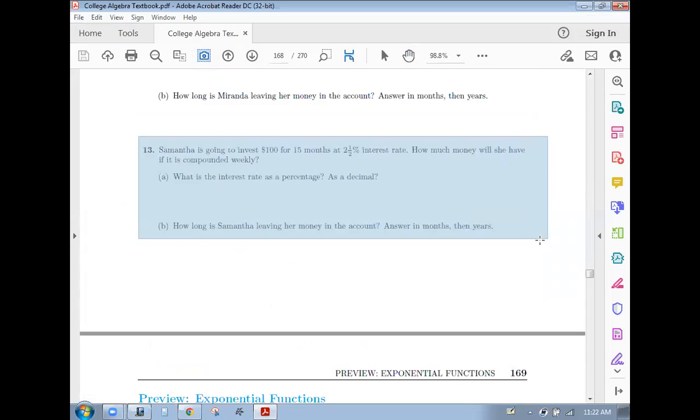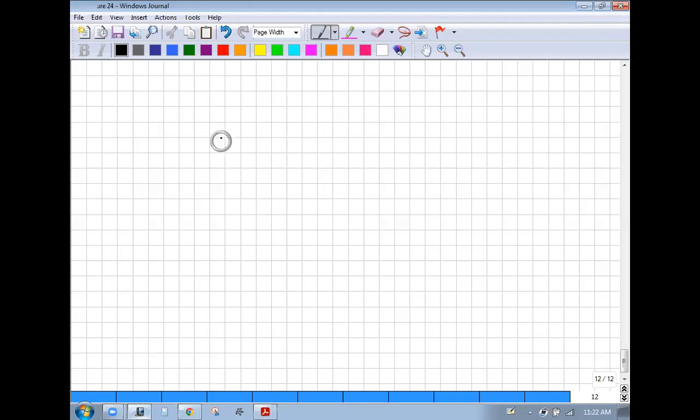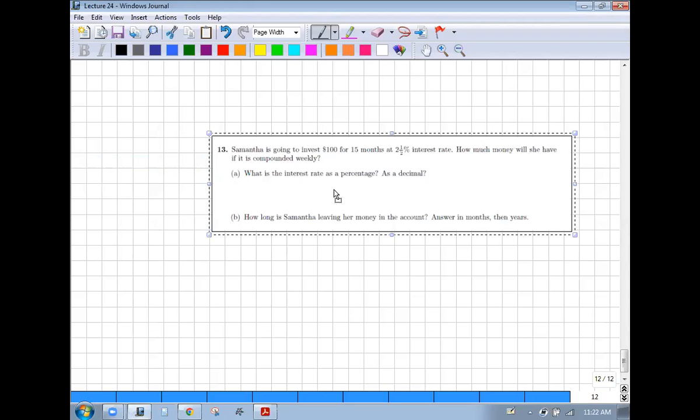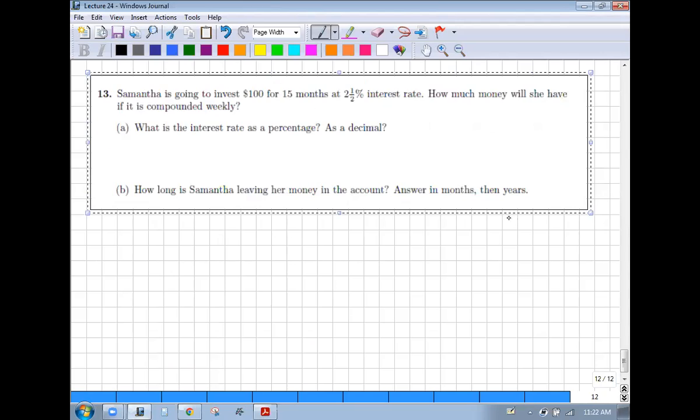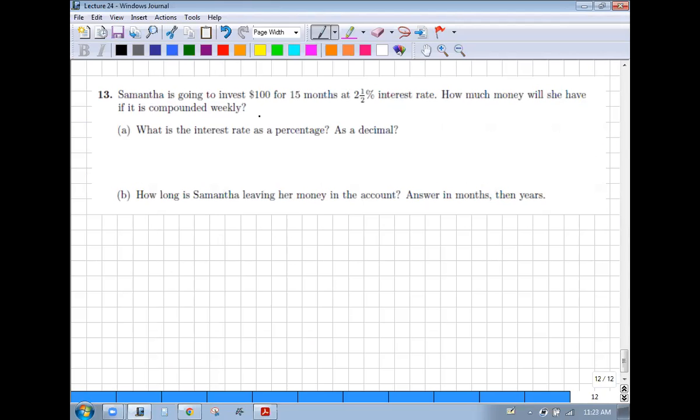They haven't actually introduced the interest formulas yet. They don't actually want us to calculate the interest yet. They just want us to break down the problem. Samantha is going to invest $100, for 15 months. So T would be a year and 3 months, right? So this would be 1.25 years.